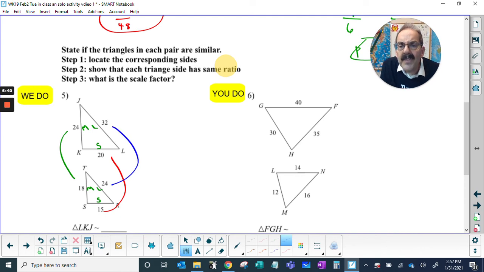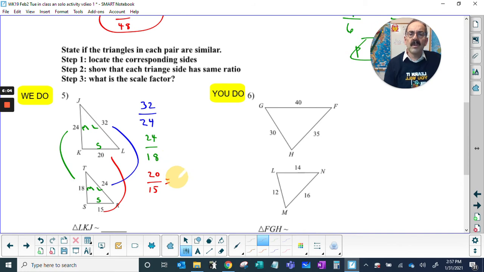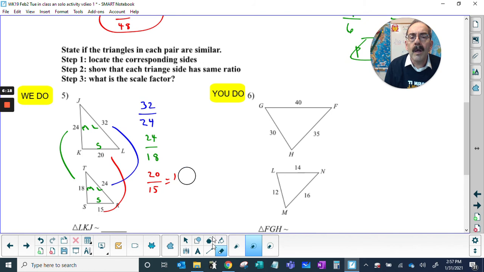Let's prove it. So in blue, 32 goes to 24. 24 goes to 18. And 20 to 15. Divide it out, 1.33. 20 divided by 15, yeah, 1.33.